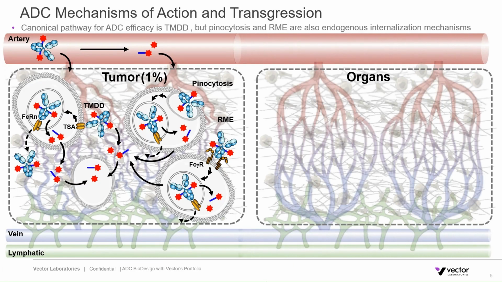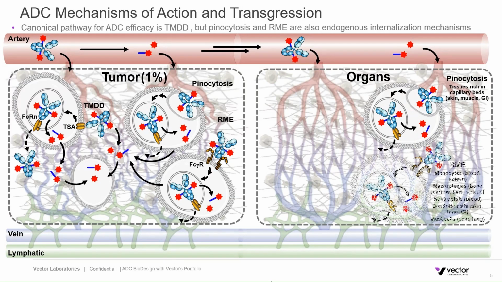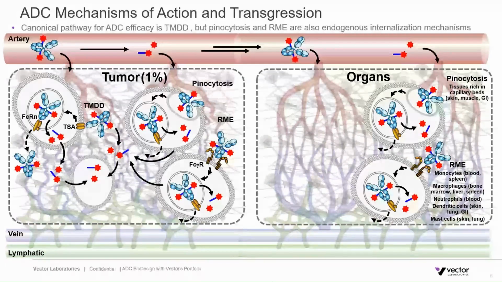Well, there are other tissues and organs, and the ADC and the payload can be carried into these other tissues and organs and subjected to these same mechanisms of internalization and processing. Pinocytosis is very efficient in tissues rich in capillary beds with high blood flow. FCGR-mediated RME is hard at work in tissues with high levels of professional phagocytes.